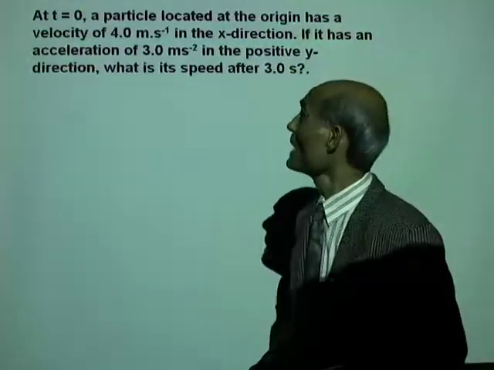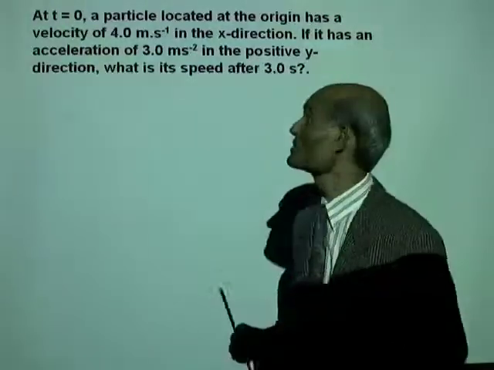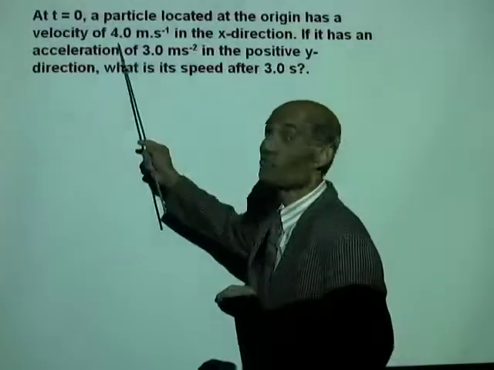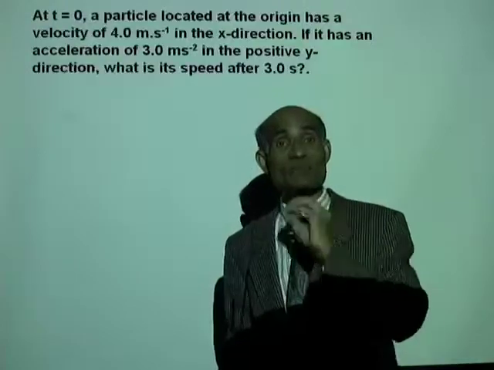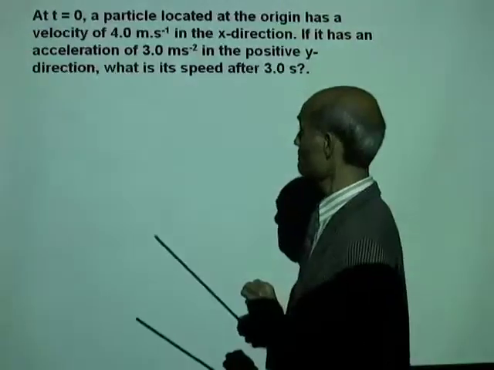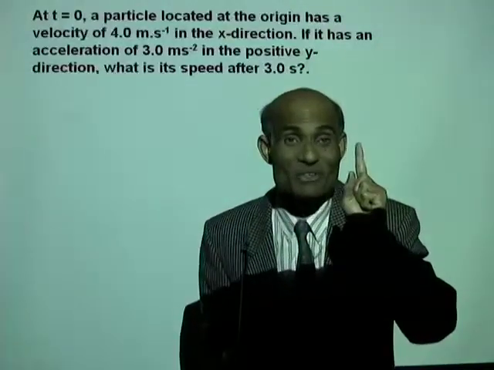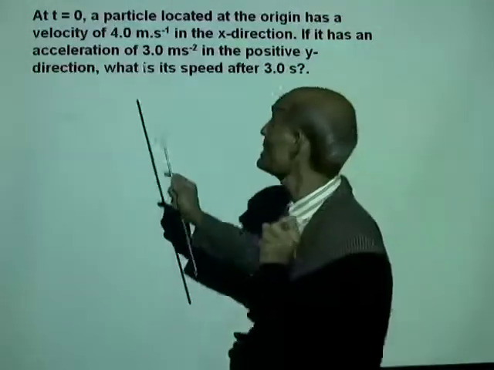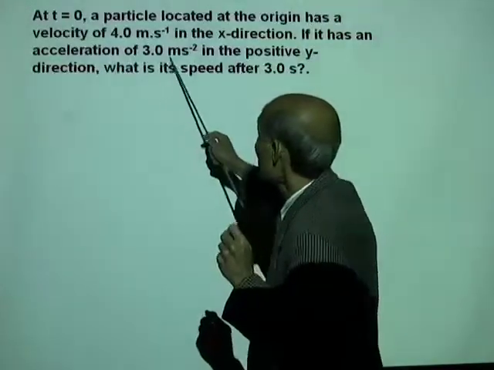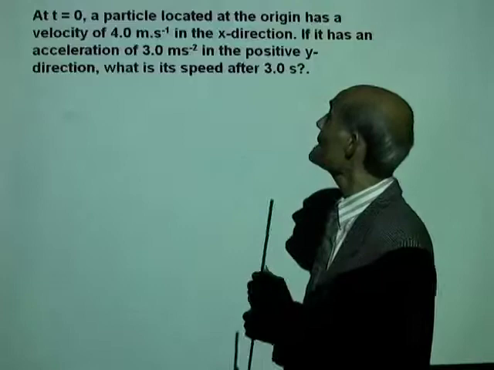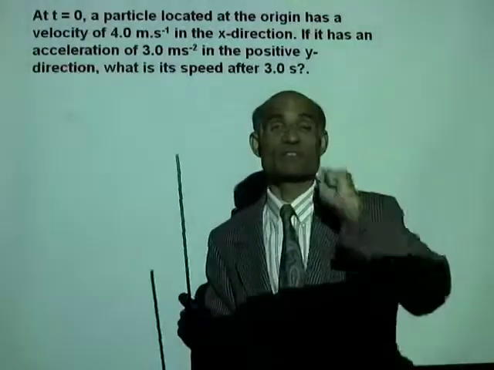A particle is at the origin in the beginning at t equal to 0, and it has a velocity of 4 meters per second in the x direction. That means it has no velocity in the y direction. All its velocity is in the x direction. And now it has an acceleration of 3 meters per second squared in the positive y direction.